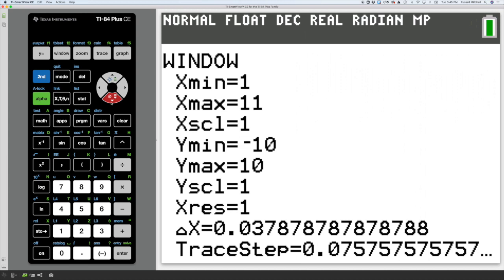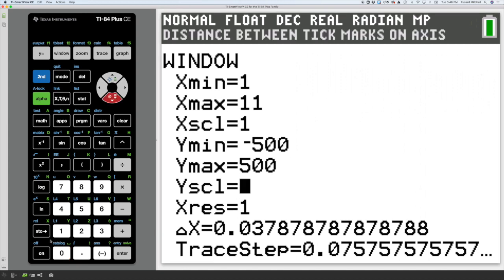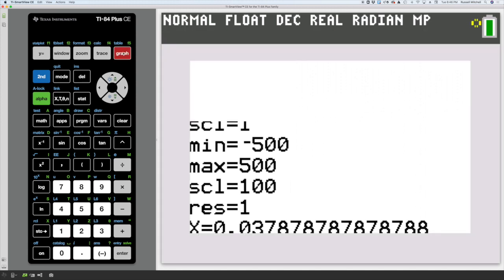So I would say let's go y min at -500 to 500. There's no right answer to this; it just gives us a close idea of what we might need for the y min and y max. And let's put this at 100. Then let's press graph and see what happens.